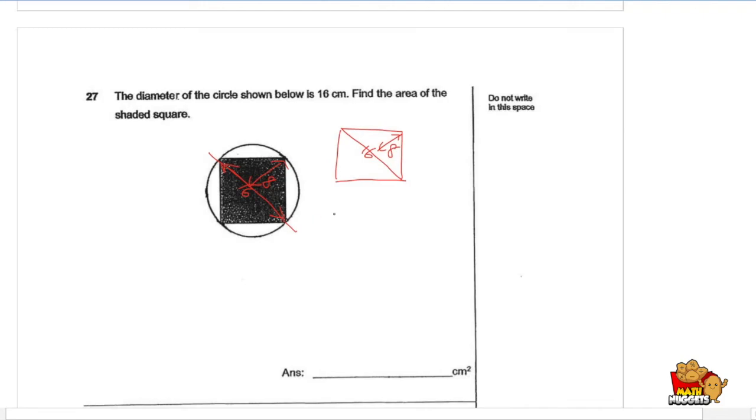Okay, so triangle area would be half times base times height, which is 64, and the square is made out of 2 triangles. So 64 times 2, which is 128.